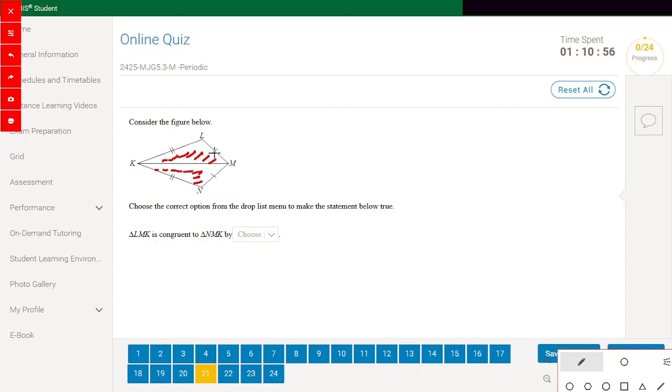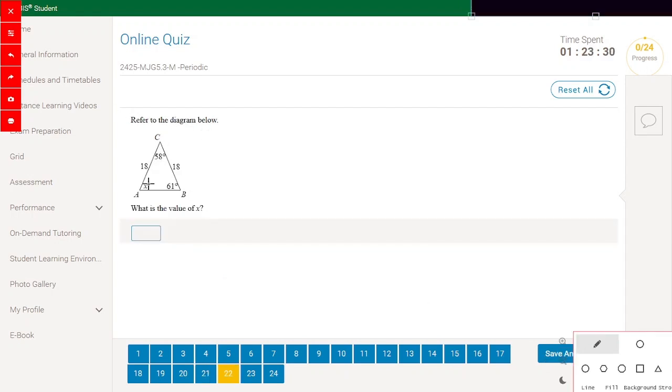So I have LM congruent with MN, and KN congruent to KL, and KM is congruent to KM. This is the reflexive property and a common side. So it will be the SSS theorem, which is the side, side, side theorem.